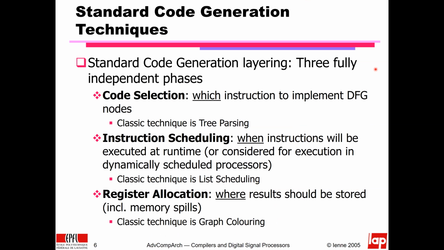So we say these three techniques, and what are they? Code selection corresponds to selecting the instructions that we want to use for a specific computation. The keyword here, the key starting point, is the DFG, the data flow graph.